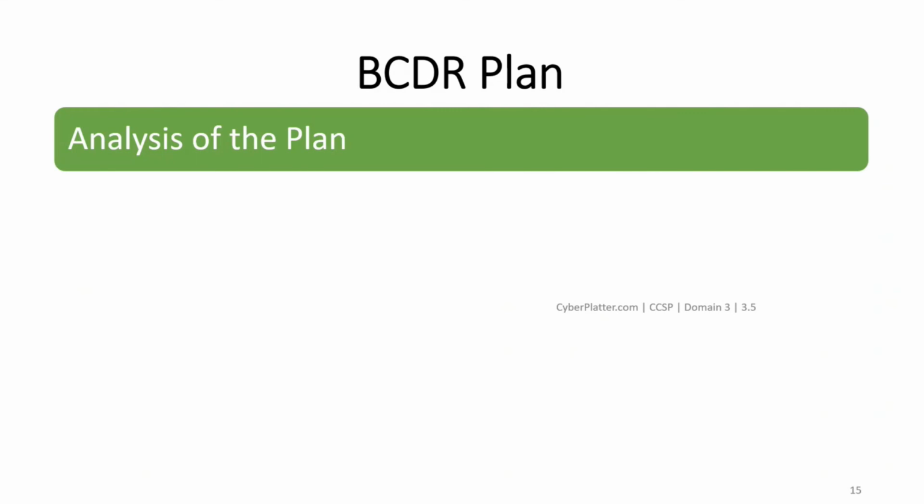Next step is analysis of the plan. The purpose of the analysis phase is to translate BCDR requirements into input to be used in the design phase. The most important inputs for the design phase are scope, requirements, budget, and performance objectives. Business requirements and the threat model should be analyzed for completeness and consistency and then translated into an identification of the assets at risk.